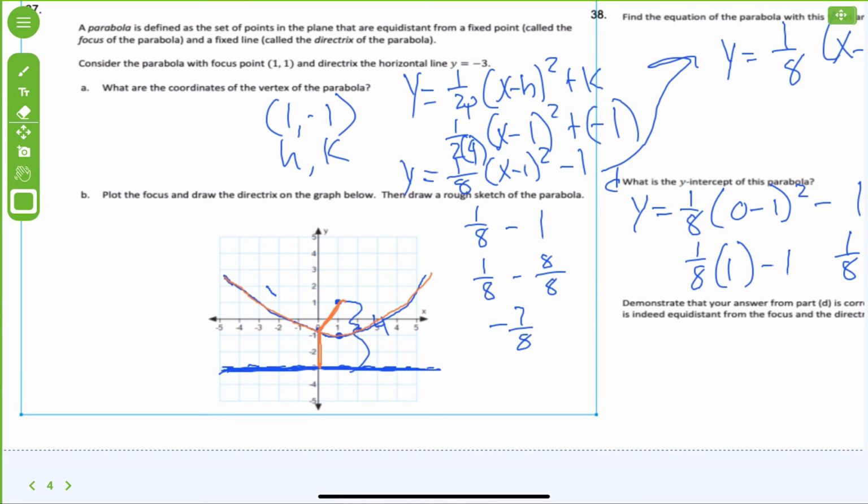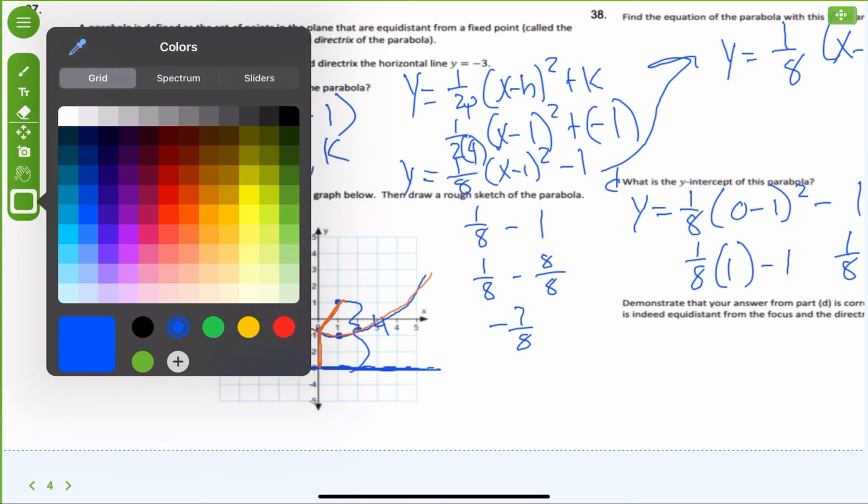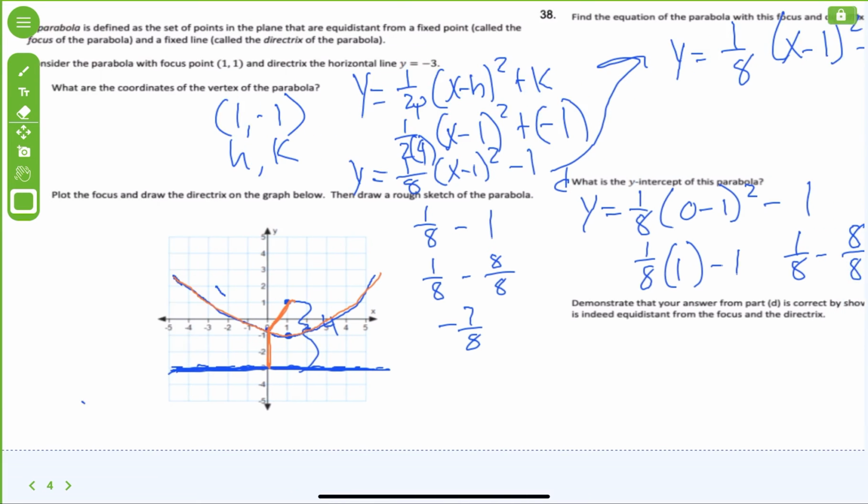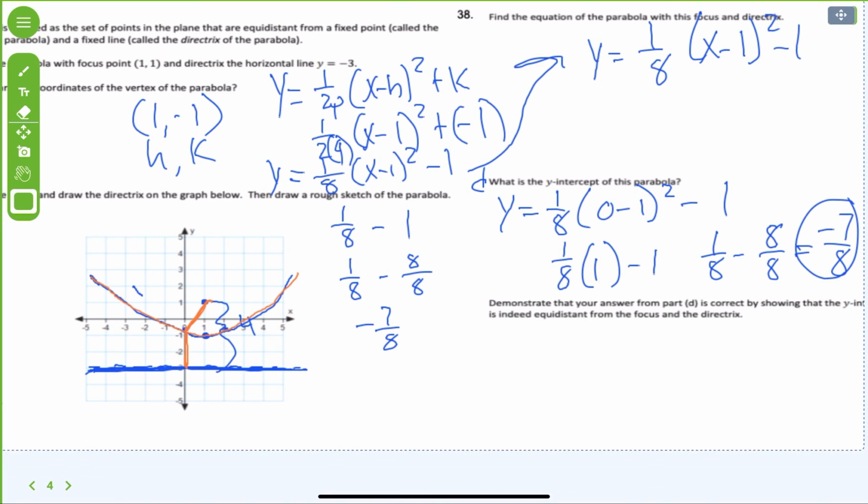Okay, so we said -7/8. So let me go back to our blue here and work on this over here. The first part is going to be easy. We know the distance from the directrix to our y.